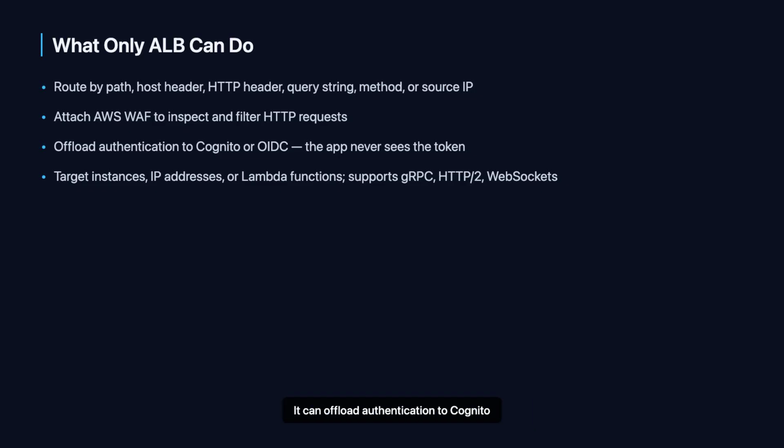It can offload authentication to Cognito or OpenID Connect, or OIDC, so your application code never even touches the token. The load balancer handles the login. And it targets not just instances, but also IP addresses and Lambda functions, while natively speaking gRPC remote procedure calls, HTTP2, and WebSockets. This is the flexible, feature-rich option.